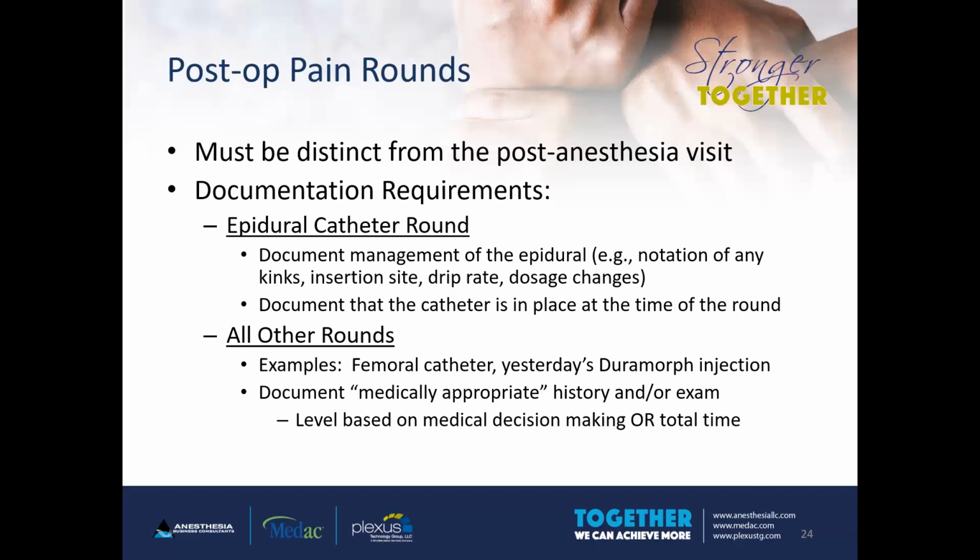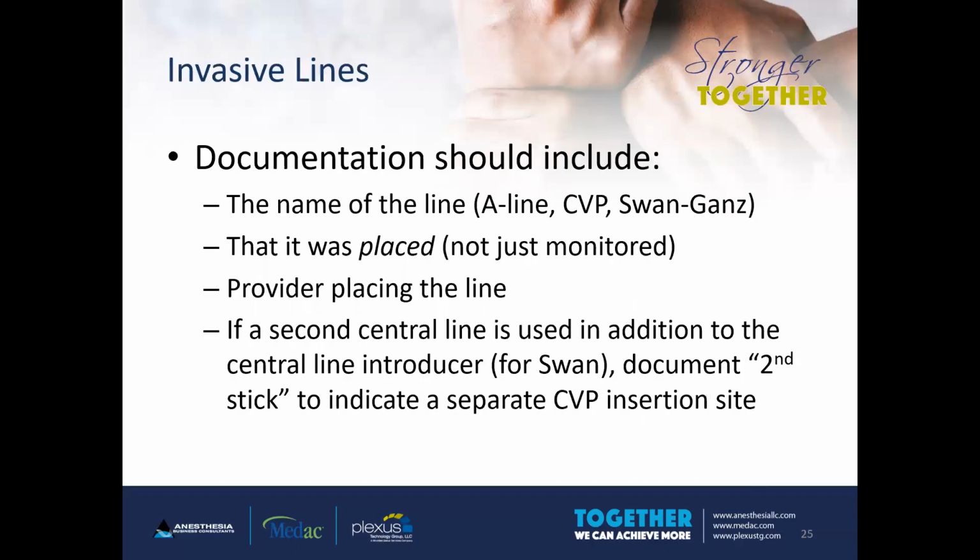Typically, we're looking at a low-level subsequent hospital care code for these types of rounds. For the epidural catheter round, that's going to be worth a little bit more using the daily pain round code 01996.